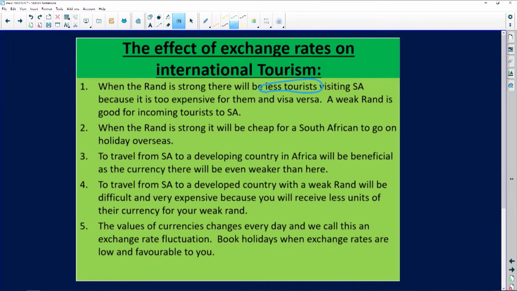A weak rand, as it is at the moment, is good for the coming in of tourists into South Africa. Now guys, this will hopefully happen when this whole virus and lockdown situation is over in South Africa and our borders are open again for traveling.